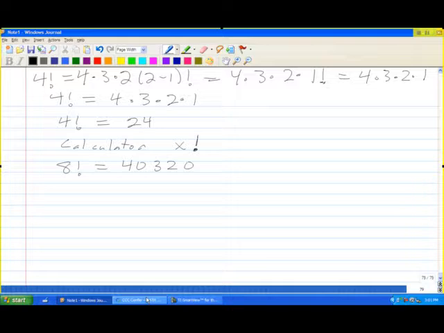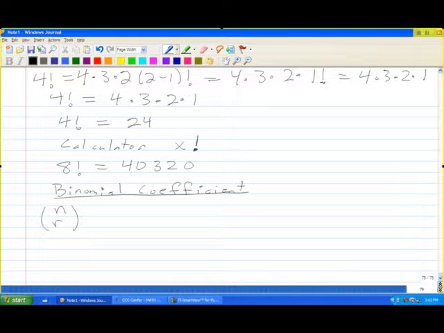Okay. The binomial coefficient. The binomial coefficient is sometimes denoted by the following. It's an N and an R floating above each other with parentheses around it.